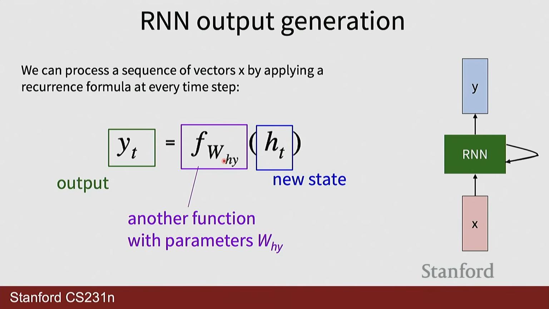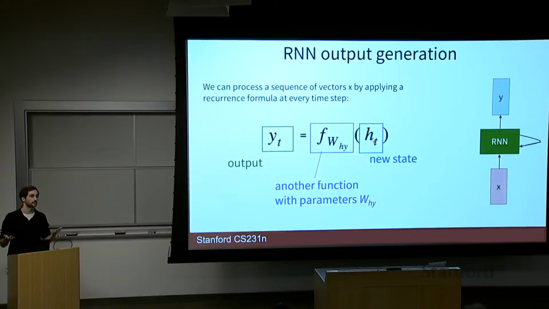So W_hy is a weight matrix that you multiply by your hidden state. It converts your hidden state to the dimension of your output, so your hidden state and output could be different dimensions. And it's also a weight matrix that you learn. So not only does it do this dimension change, but it also applies a transformation to your hidden state. It's how you convert your hidden states to your outputs.